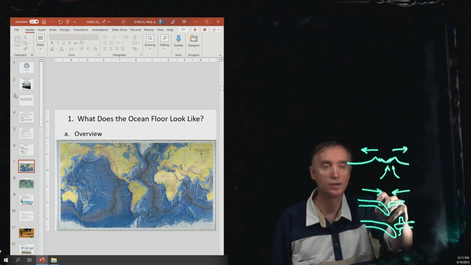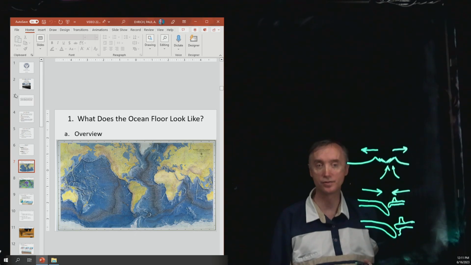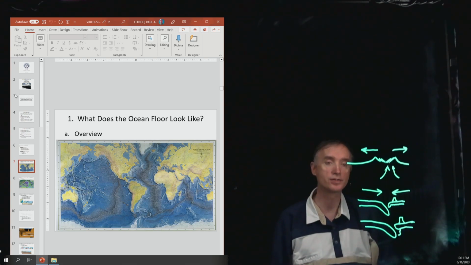And I also forgot to mention here that you're going to get volcanic islands. So an example of this would be the islands of Japan, whereas the volcanic mountains, an example of that would be like Mount St. Helens, Mount Rainier. The Andes Mountains are a result of subduction. And so are the Rockies, but the Rockies are going to be older.